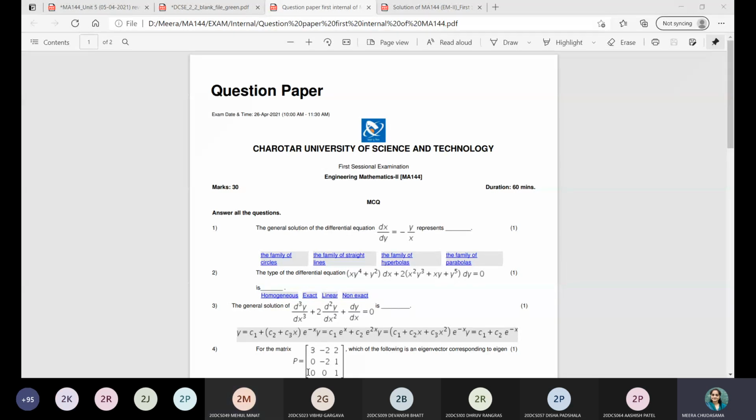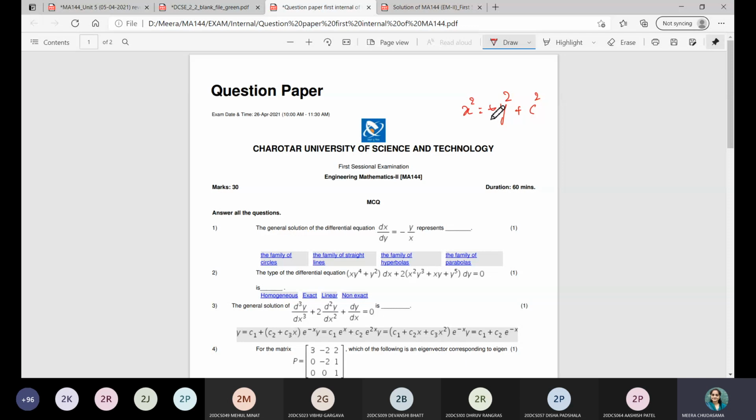Those who asked around or got answers through WhatsApp won't be able to answer this, but I will just show you how it is a family of circles. This is a separable variable differential equation. So x dx is equal to minus y dy. So when you integrate both the sides, it will be x square is equal to minus y square plus c or c square.